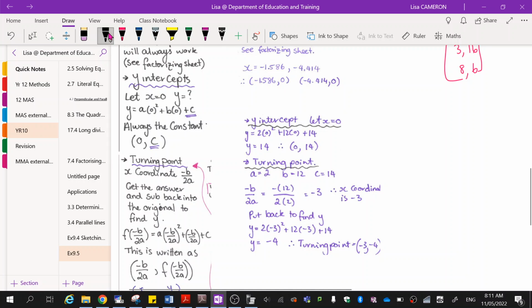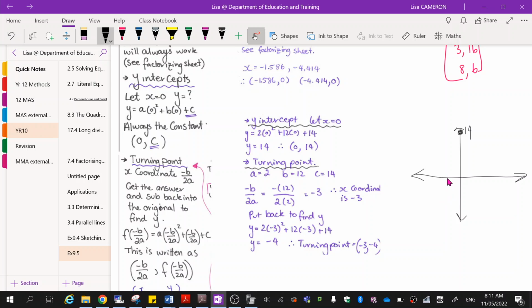Next thing that I'm going to do is start my graph. So like I always say, you should just do a rough sketch before you do a nice one. So I just throw my axes to look kind of even to start off with. I'm going to label my y-intercept on first, which is going to be 14. And then I'm going to label my x-intercepts on. So for this one, it's going to be at -1.5 and -4.4.